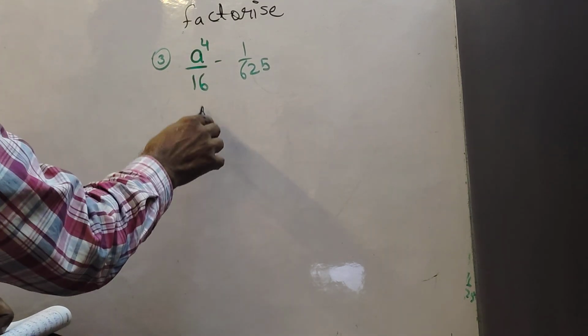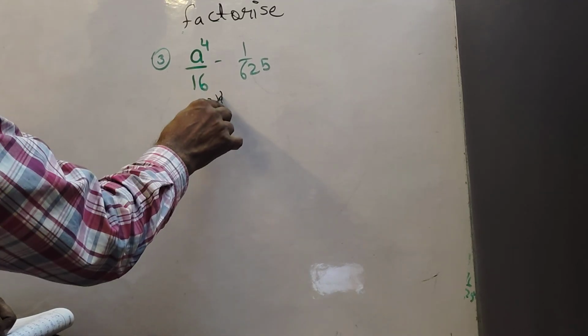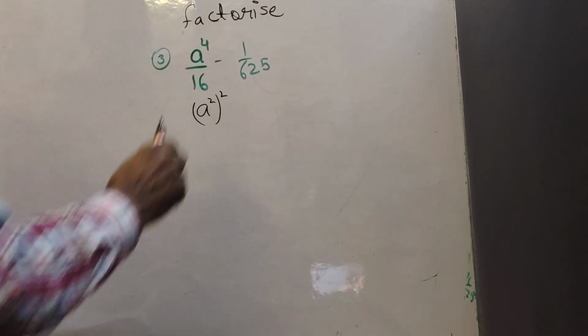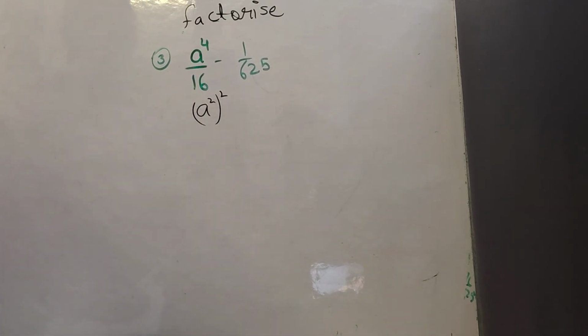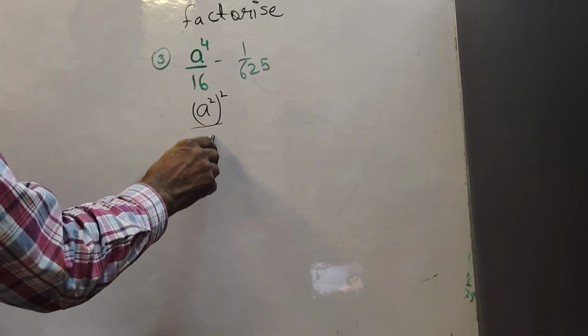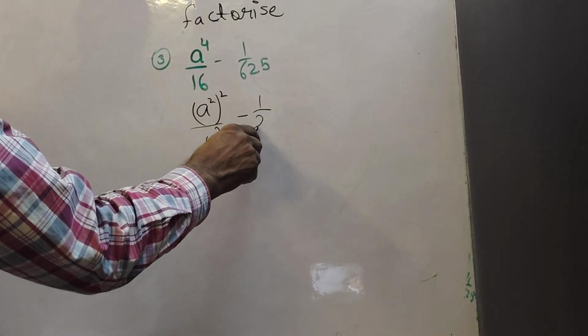A raised power 4 is written as a squared square. Because if two powers have a bracket between them, it means the powers are multiplying. And 16 is written as 4 square, and 625 is the square of 25.